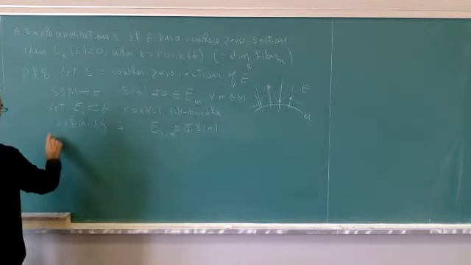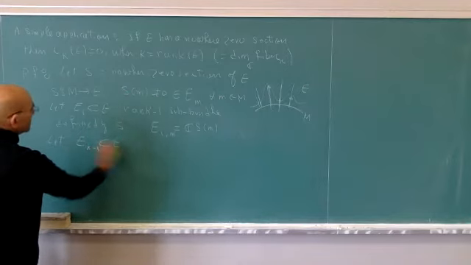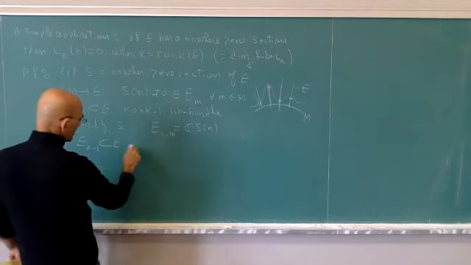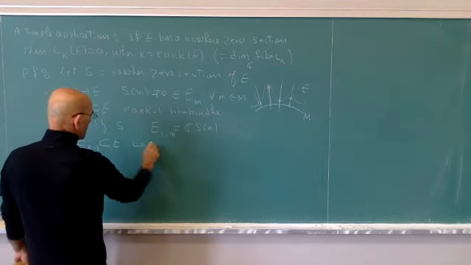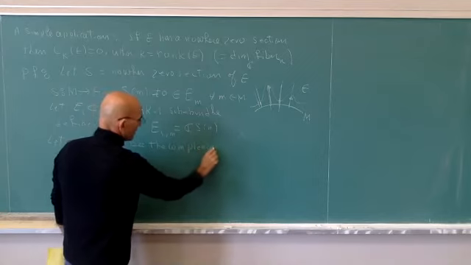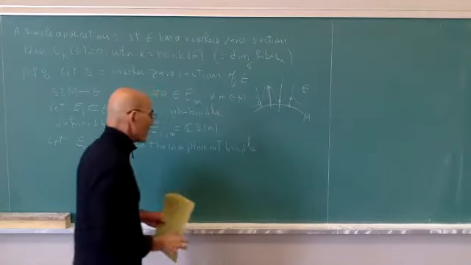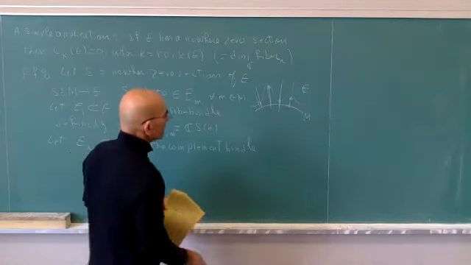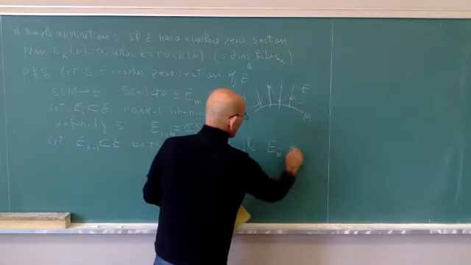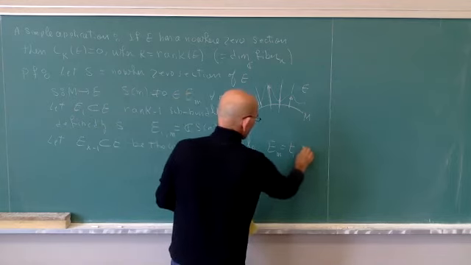Okay, now let E_{k-1} inside E be this complementary bundle. By this complement bundle, I mean the following. You can decompose any fiber as a direct sum of two fibers, E1 at m direct sum E_{k-1} at m.